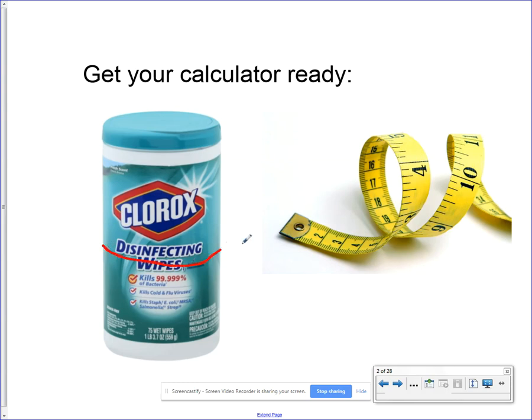If I wrap this tape measure all the way around the outside of this tube of Clorox cleanups, I'm going to measure it in centimeters, and I get approximately 34.2 centimeters. This is called the circumference because I went all the way around the outside.